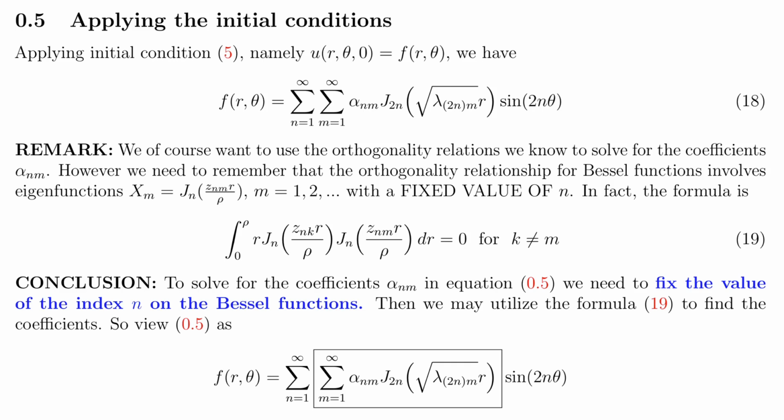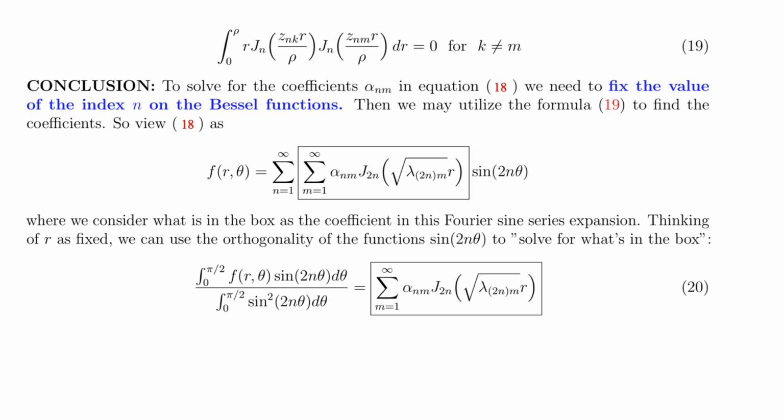So view equation 18 above. I see it says 0.05, which should really be 18. As f of r, theta, where we have what's in the box, we view it as the coefficient for this Fourier sine series expansion. So thinking of r as fixed, we can use the orthogonality of the function sine 2n theta to solve for what's in the box.